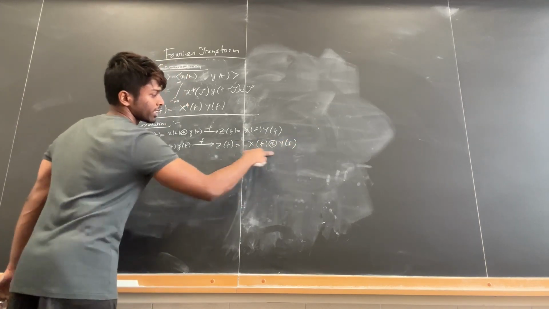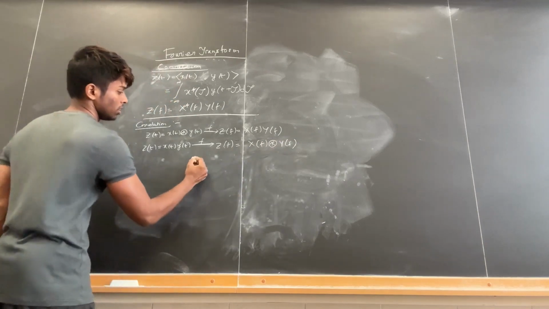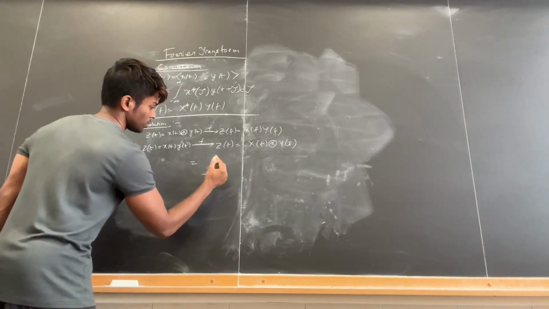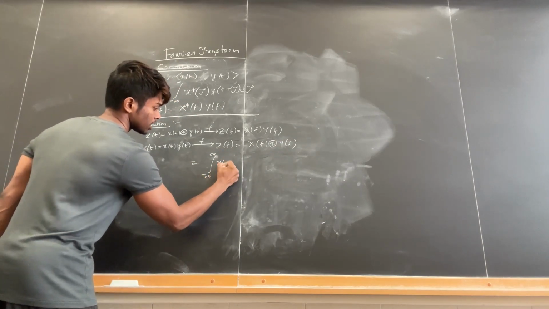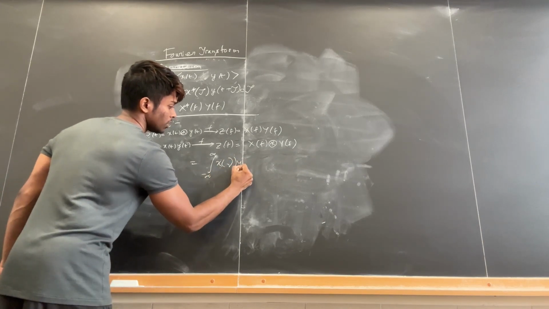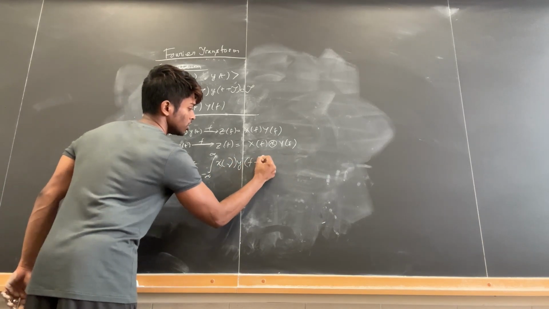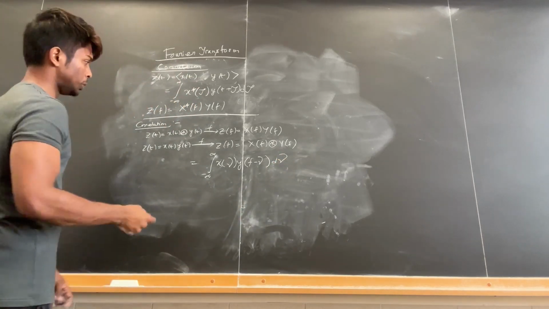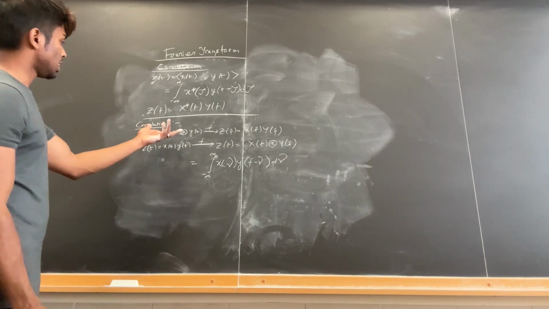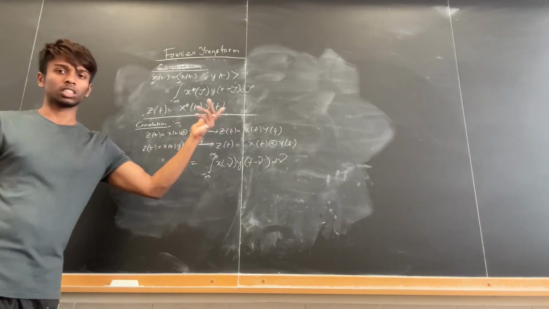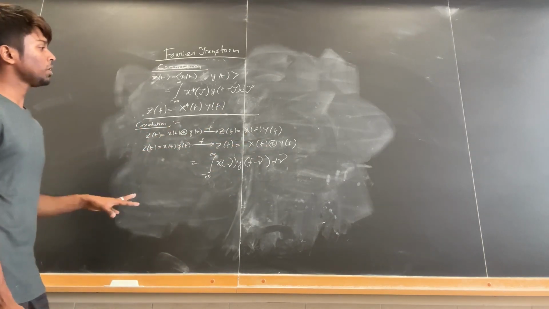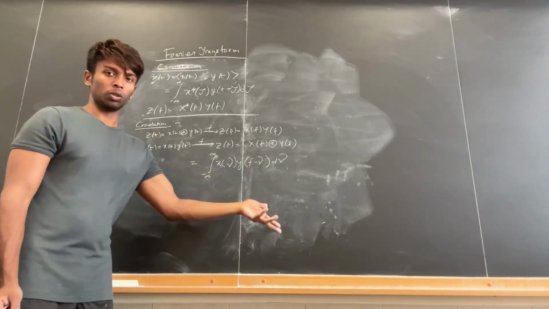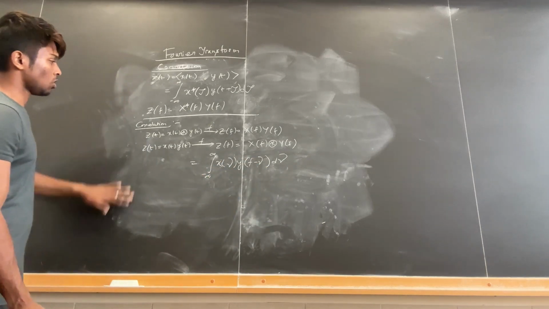How do we expand this definition of convolution? This is the integration from minus infinity to plus infinity of X(nu) Y(f minus nu) d nu. So that's basically the duality property of the Fourier transform. If we take a convolution in the time domain, the Fourier transform is just a product. If we take a product in the time domain, the Fourier transform is a convolution. So that was the convolution property.